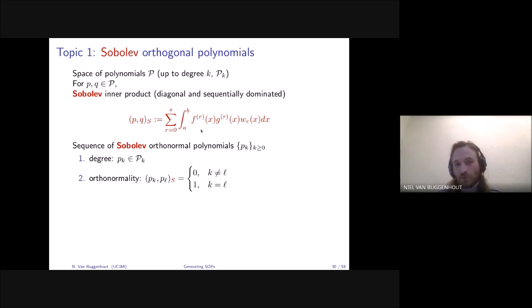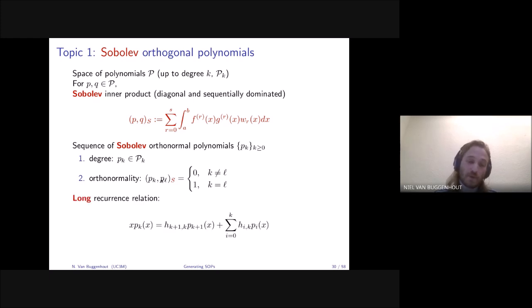And then Sobolev orthonormal polynomials are defined in the same way as the orthogonal polynomials, but now with respect to this Sobolev inner product. And maybe one of the main differences is that we no longer have a three-term recurrence relation, but we have, in general, a long recurrence relation.